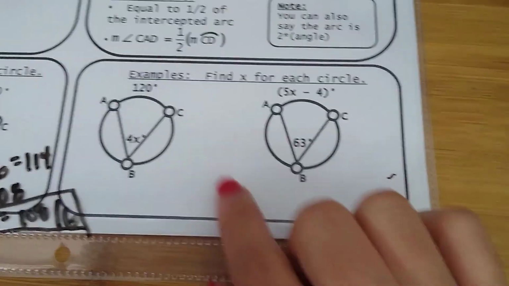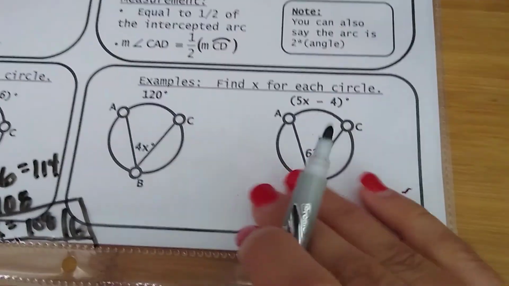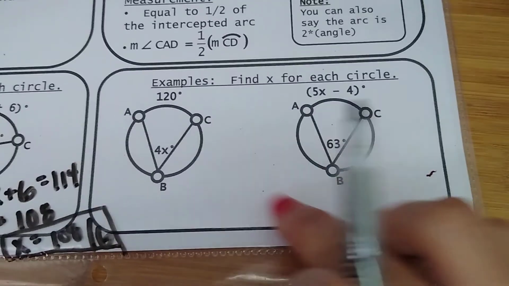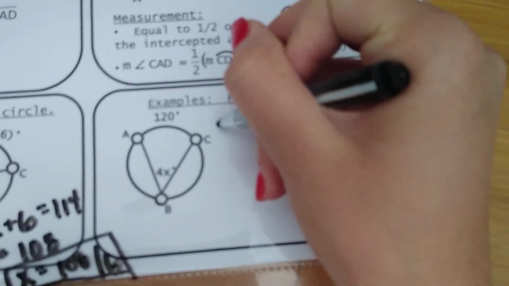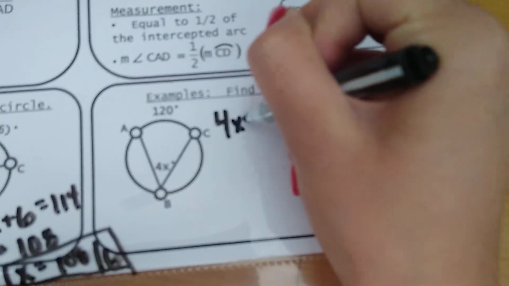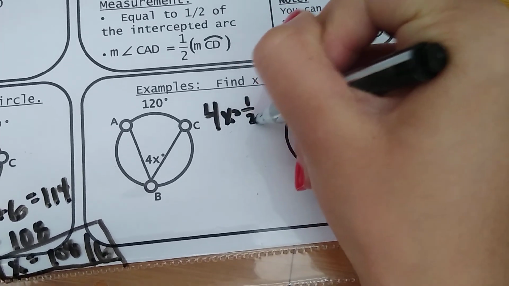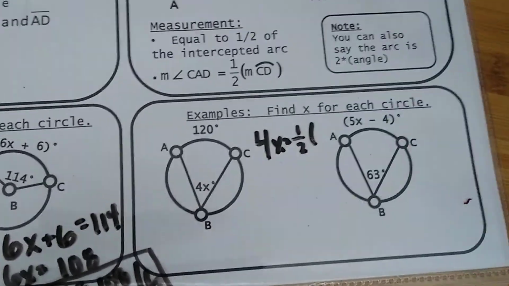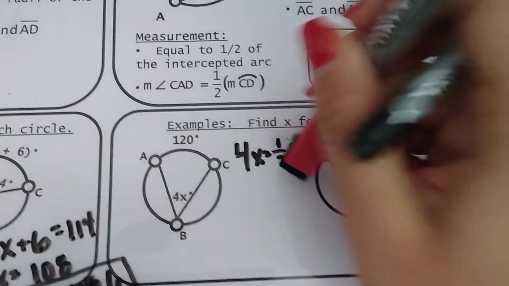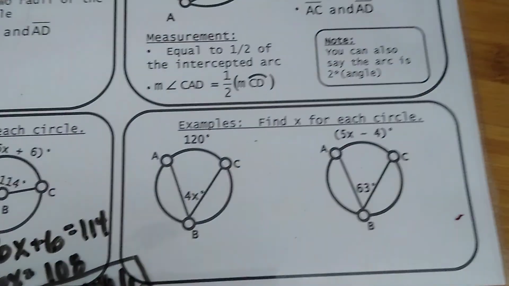All right, so here are some examples. Let's try them out. Find x for each circle. Let me write this down. We have 4x equals 1/2 of 120. I'm going to erase that and do it a little bit lower.